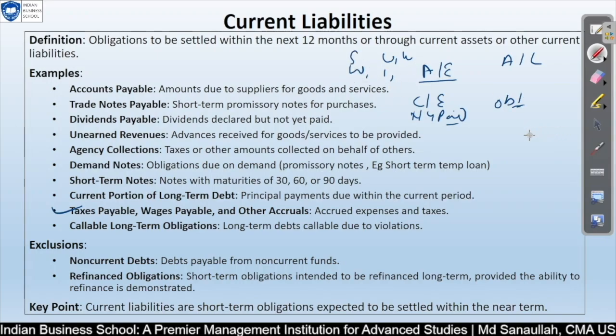But apart from this, your obligation could also be like tax payable. This is not your operational or business-related expense. This is an expense because you have generated some net profit, and for that net profit you have to pay. That is an external obligation, from the government. So even government-related obligations or any other short-term obligations, all kinds of obligation, including expense, will be considered under accrued liability.